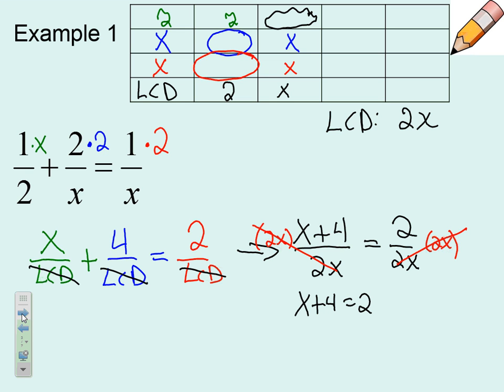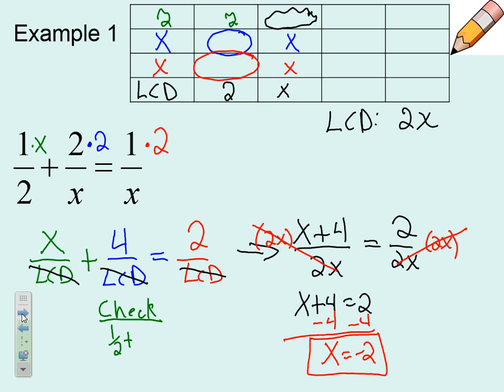To get x by itself, we're going to subtract 4 from both sides, and x equals negative 2. Now, once we get here, ladies and gentlemen, we do have to check. So checking this one, we're going to plug it into the original. And I'm going to have 1/2 plus, remember, anywhere there's an x, we're going to plug in negative 2.